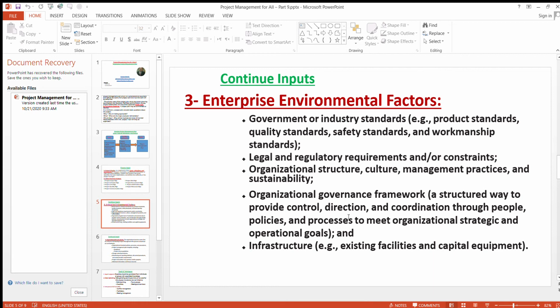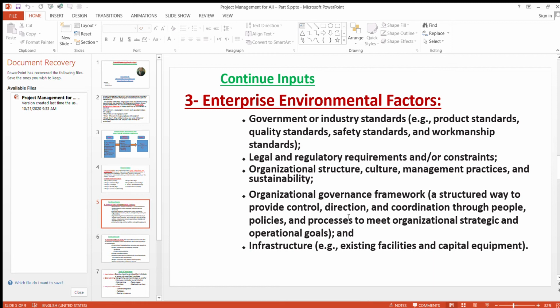The third one is the organizational structure and culture of this organization, because every organization has its own culture, its own management practices, and sustainability.